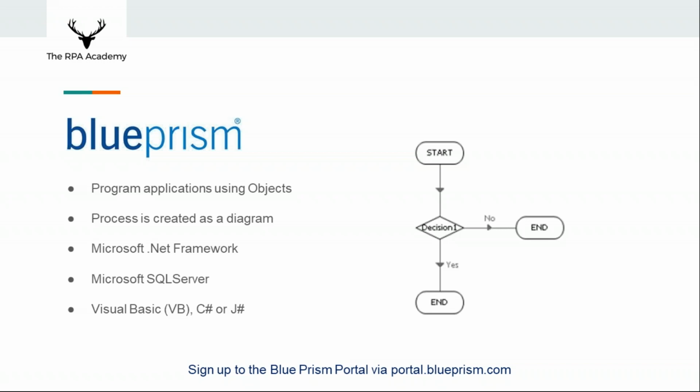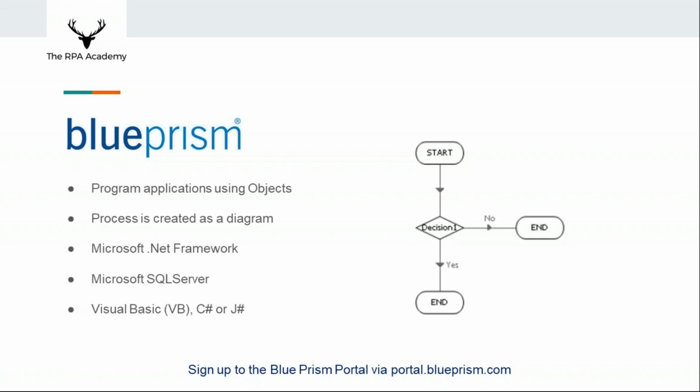So you build your objects, which is basically where you're teaching your application to the virtual worker. And then you put those objects together in what's called a process, and then you just make an automation that way, just magically. It just appears. Not really, but you know what I mean. Sorry for the lame jokes, guys. Sorry in advance, but I try.